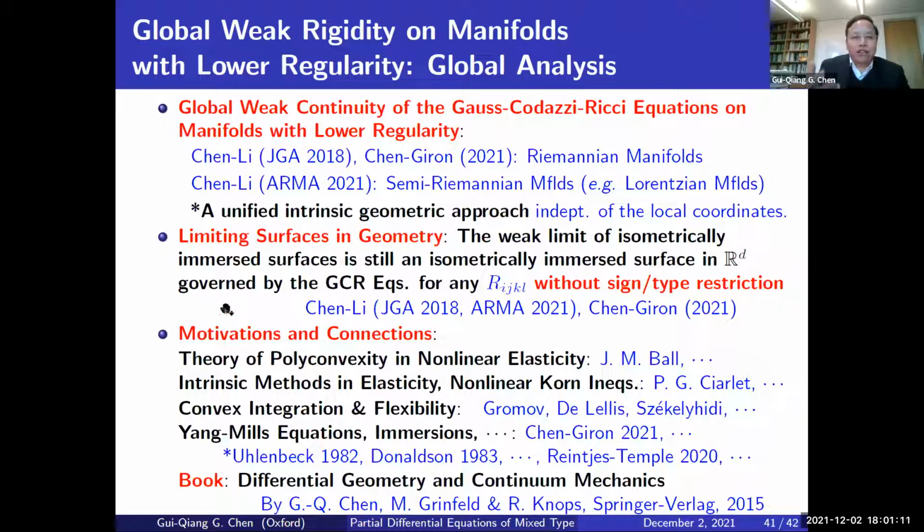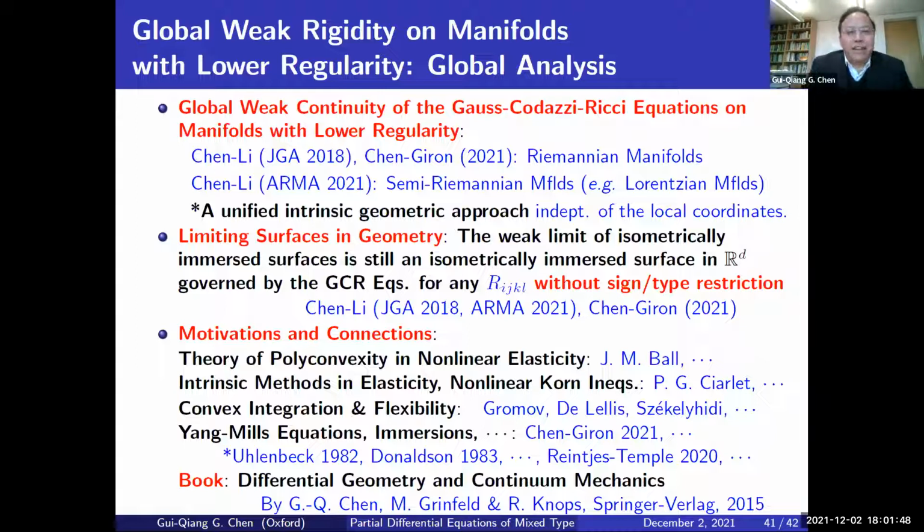The problem I just discussed is really motivated by many early works in elasticity, for example the theorem of polyconvexity by John Ball and many others. Then also the intrinsic method, intrinsic elasticity, the nonlinear Korn inequality by Professor Ciarlet, and also the connection with the recent activity on convex integration and flexibility by Gromov, De Lellis, Székelyhidi, and many others.